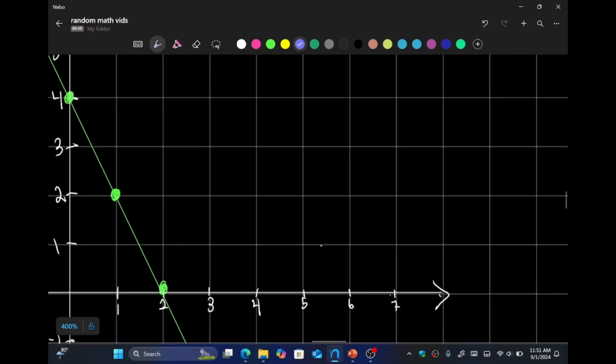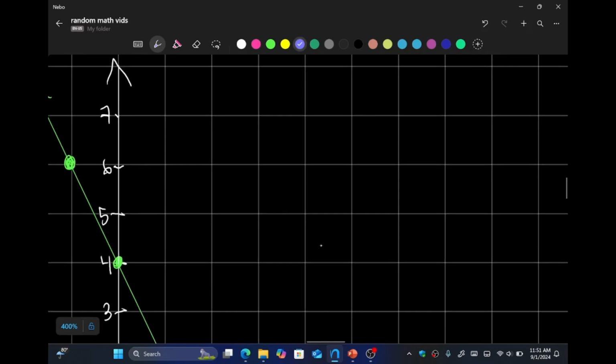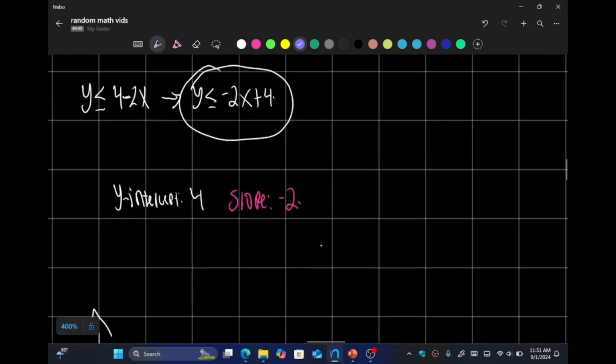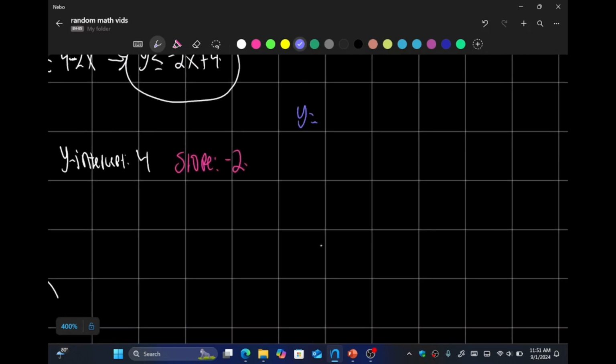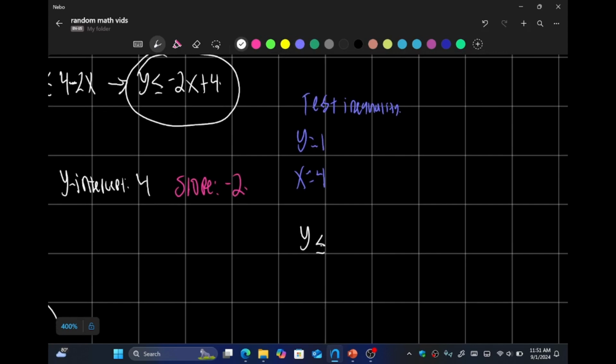So let's pick 4, 1. So we want to test 4, 1. So y equals 1, x equals 4. So test the inequality. So now we have y less than or equal to negative 2x plus 4, right?